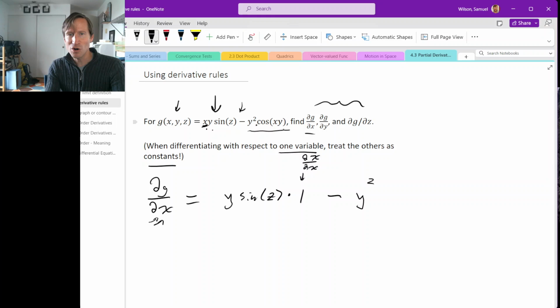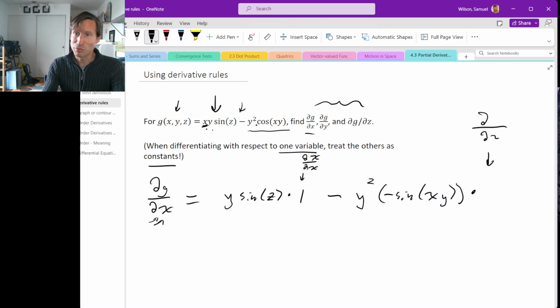The derivative of cosine is minus sine, so minus sine, and then the chain rule says put the inside in there, so that's xy, and then multiply by the derivative with respect to x of the inside, which is x times y. Again, y is acting like a constant. We can slide that y outside the derivative and then multiply by the derivative of what's left over. So when we slide this y outside the derivative, what's left over is partial x, but that's 1.